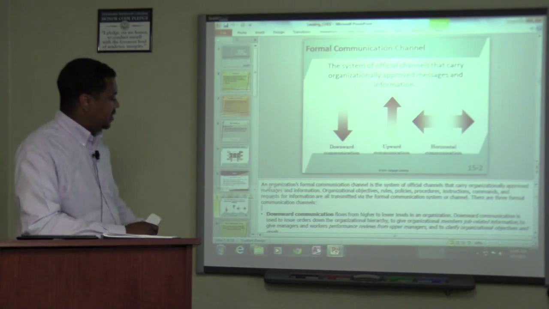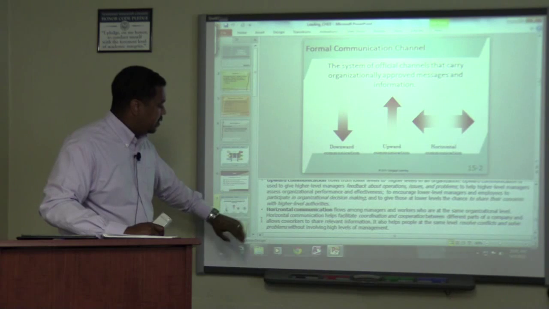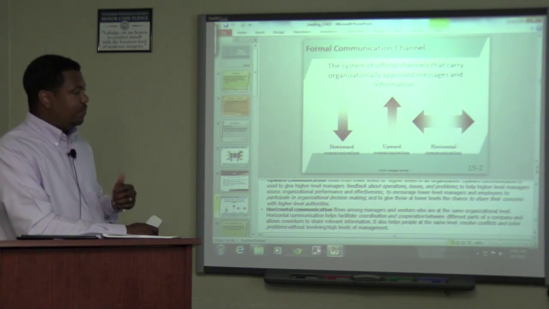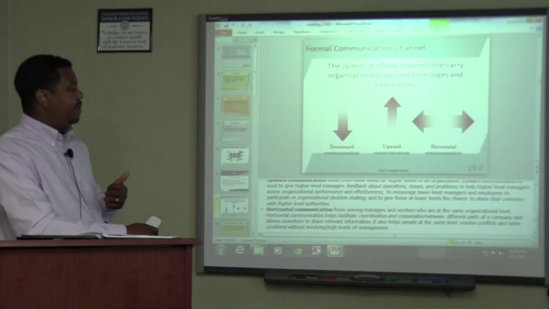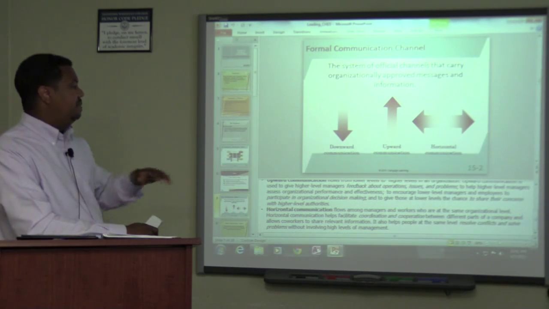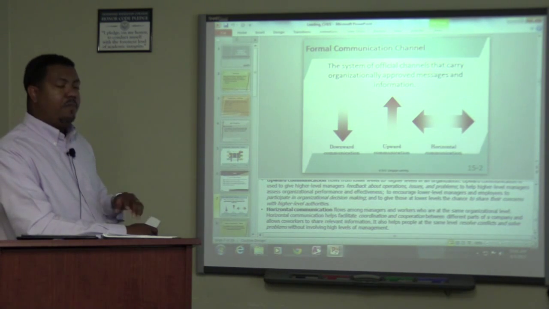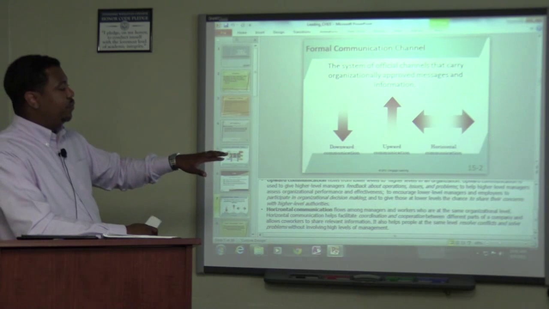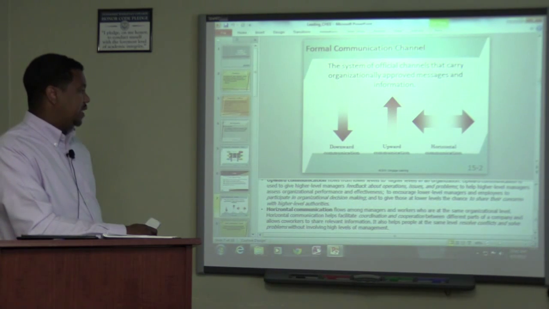Upward communication is basically the ability of individuals at the lower level to communicate with upper management about feedback on operations, about outcomes they're achieving, maybe about different problems, or about the perception of how frontline employees see what is taking place in the overall organization.